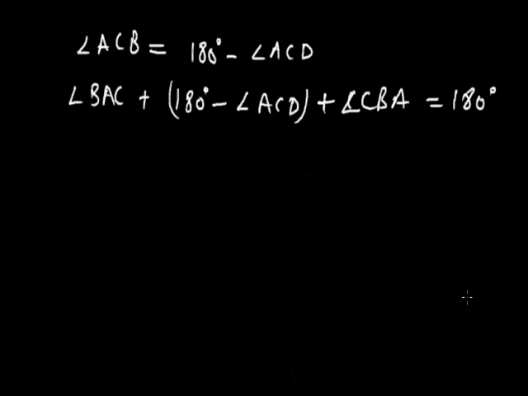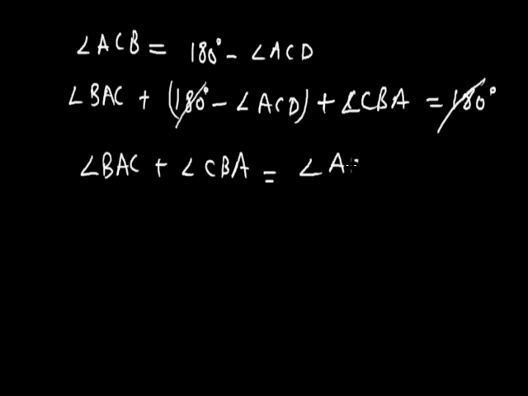Solving this equation, 180 degrees is cancelled on both sides. I am left with angle BAC plus angle CBA, and taking this negative of angle ACD to the right hand side, it becomes positive angle ACD. So angle BAC plus angle CBA is equal to angle ACD.